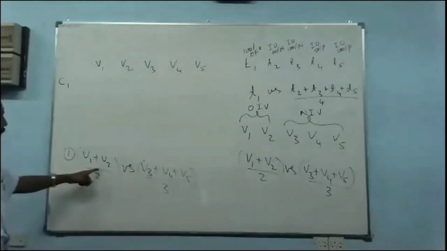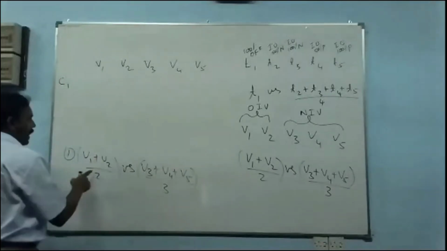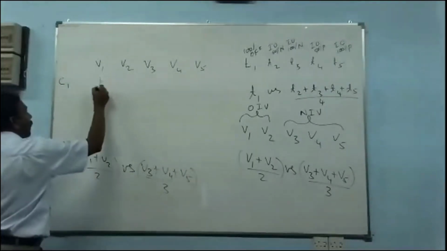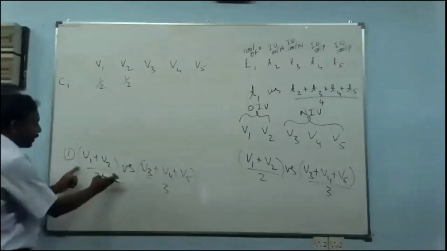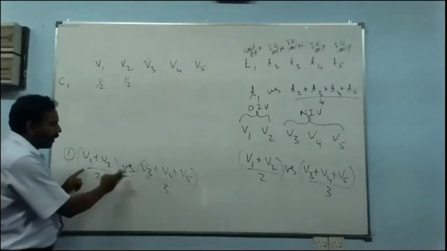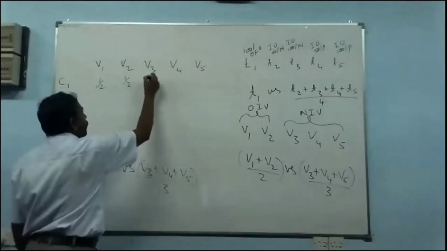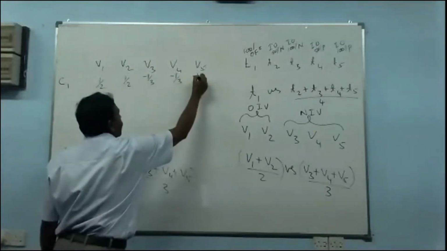So how can I give the coefficient? Suppose, let's say, I have the coefficient here for V1, half, here again half. So this is the positive value. Here they should have negative value as a coefficient, minus 1 over 3, minus 1 over 3, minus 1 over 3.